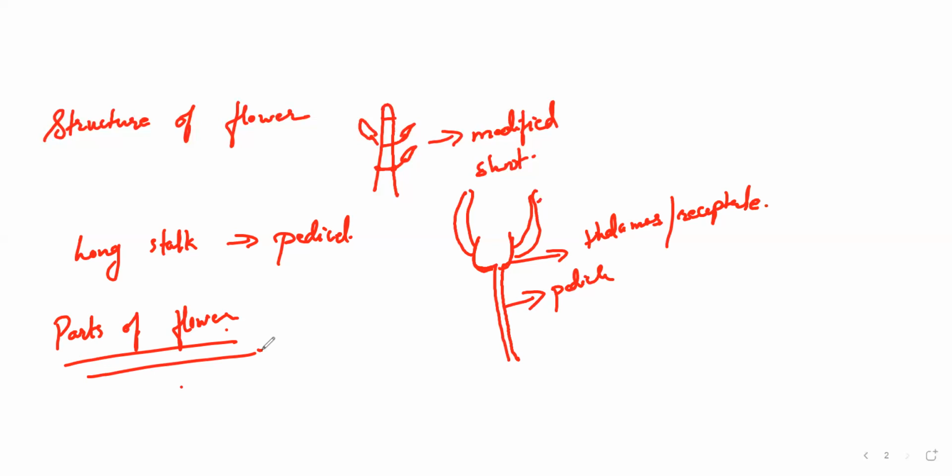So here we'll be considering only which type of flower? Angiospermic flower. So usually a flower is having 4 whorls. Which are what? Floral whorls.